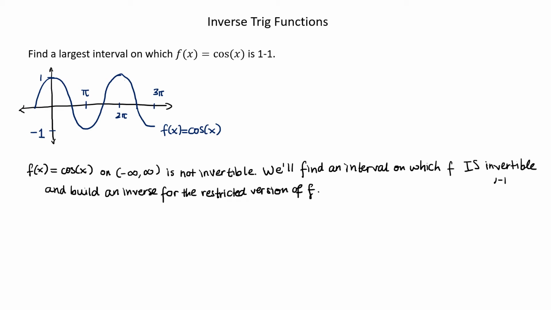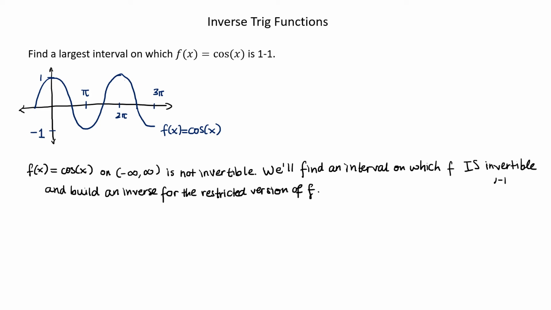So there are lots of options for this domain, and some things that are not options. Let's start with some intervals that are not one-to-one. For example, if we looked at negative pi over 2 to pi over 2, this restricted version of cosine is not one-to-one.